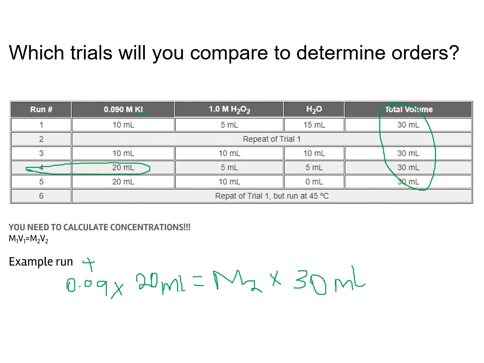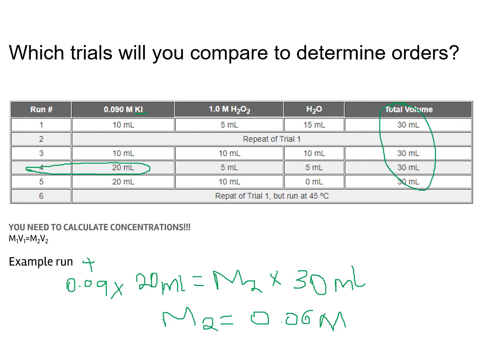And what you can do is just cancel out all of this and determine the value of your M2 here, which I assume to be 0.06 molar.